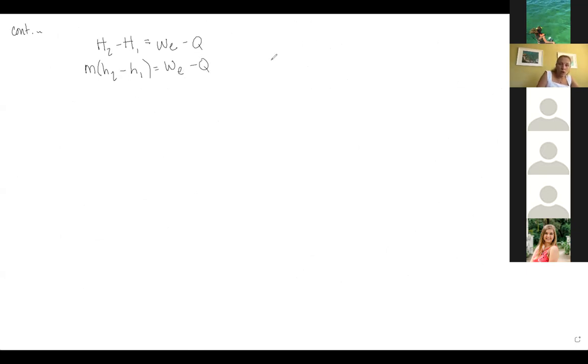And then we know that our enthalpy at point 2 minus our enthalpy at point 1 is equal to our specific heat at a constant pressure, average, that we can look up in table A2, times our temperature 2 minus our temperature 1.